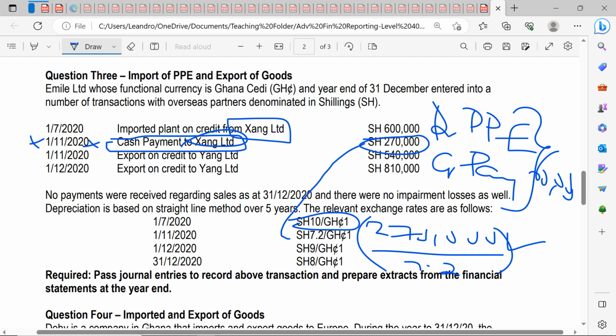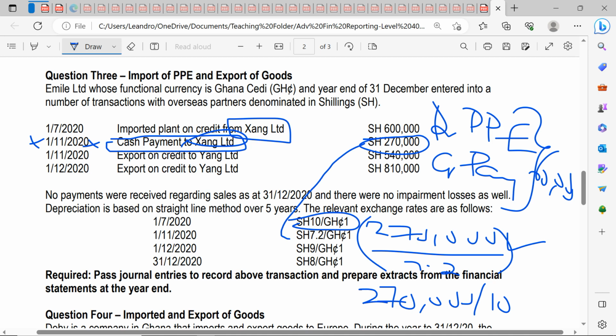Therefore you compare the transaction date rate of 7.2 with the initial recognition rate of 10, and this same 270,000 will be divided by 10 so that you can see the exchange difference. We acquired the plant for 600,000. Now we are paying part of our bill, 270,000, but at a rate different from the rate at which we bought the asset. So we compare so that we can account for the exchange difference. That's what I'm trying to explain now.